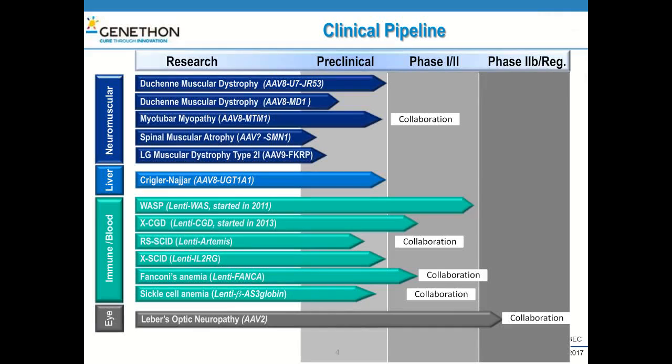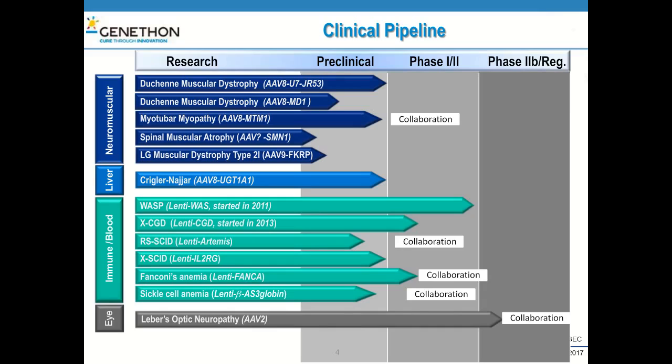We are currently sponsoring several gene therapy projects that have reached clinical trial, and we are also involved in several other projects for AAV and lentivirus vectors at preclinical and research stage. For neuromuscular, liver, and eye diseases, the gene therapy product is based on AAV vectors.